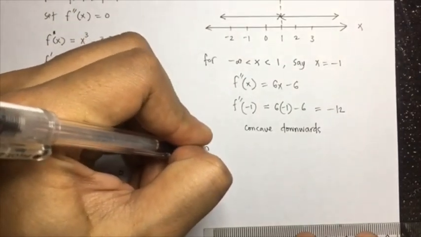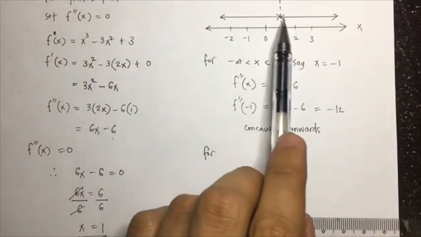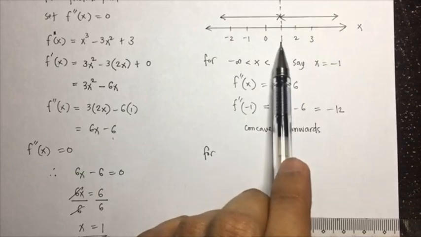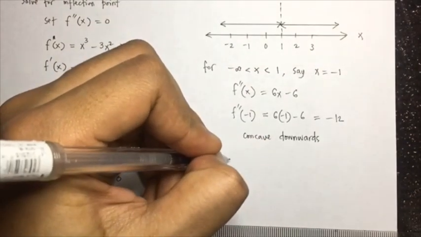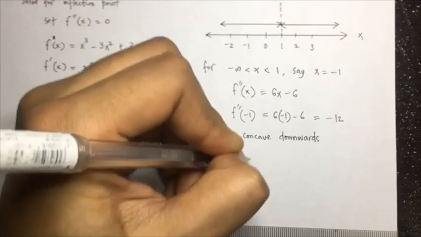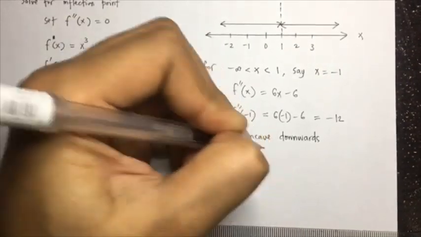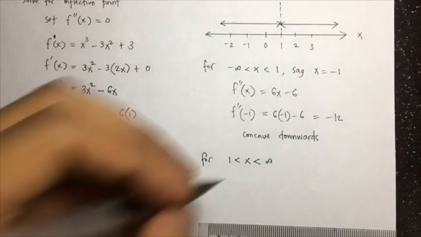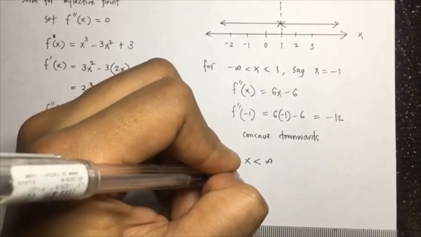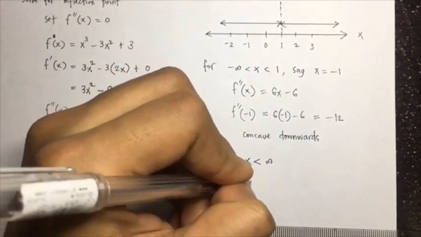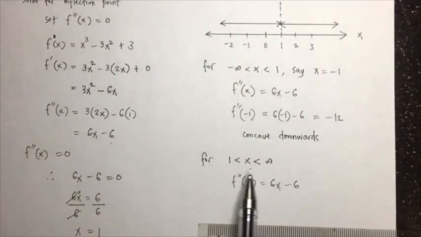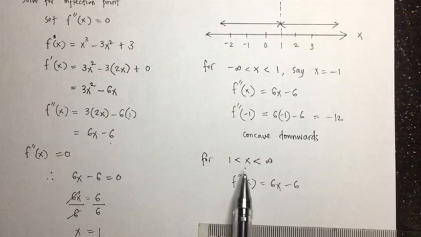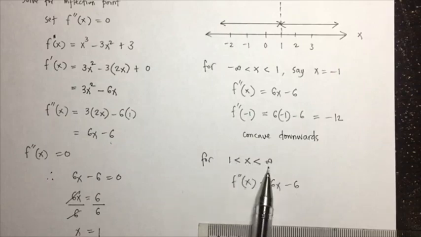Next, for the next interval from positive 1 to positive infinity, we can express that as 1 is less than x is less than positive infinity. For the second derivative, which is 6x minus 6, we will select a value of x between 1 and positive infinity.